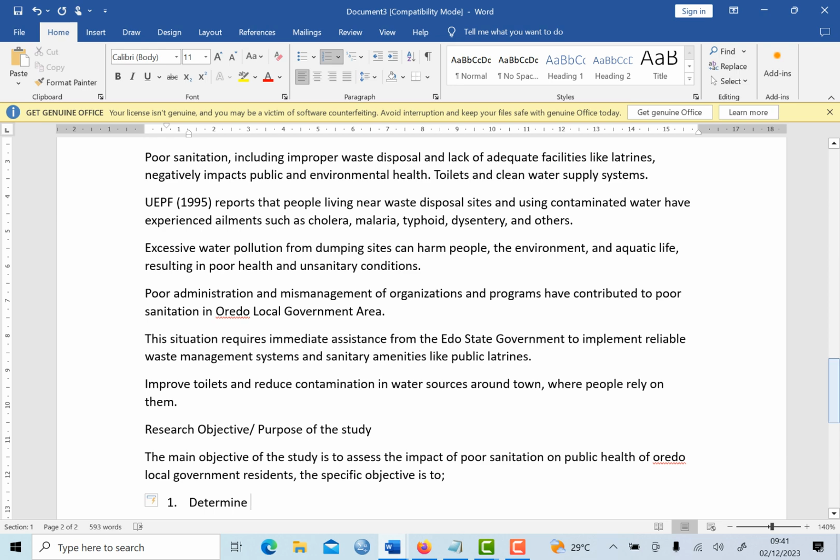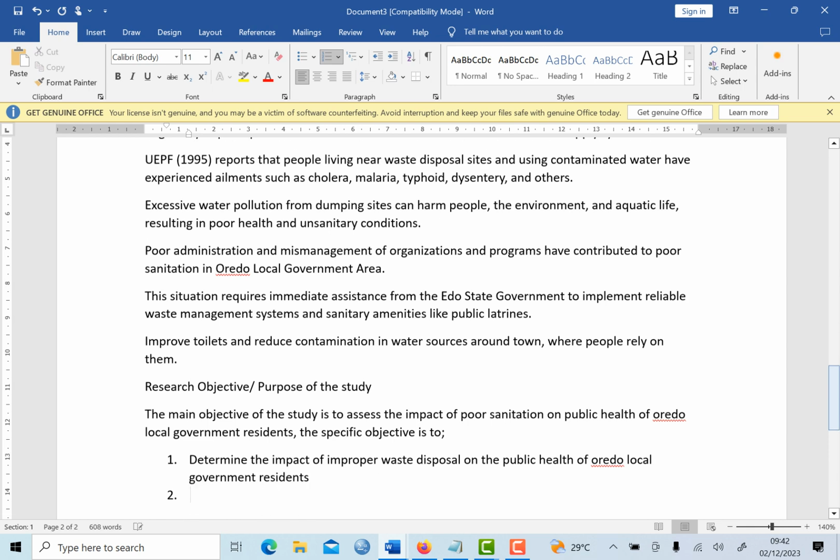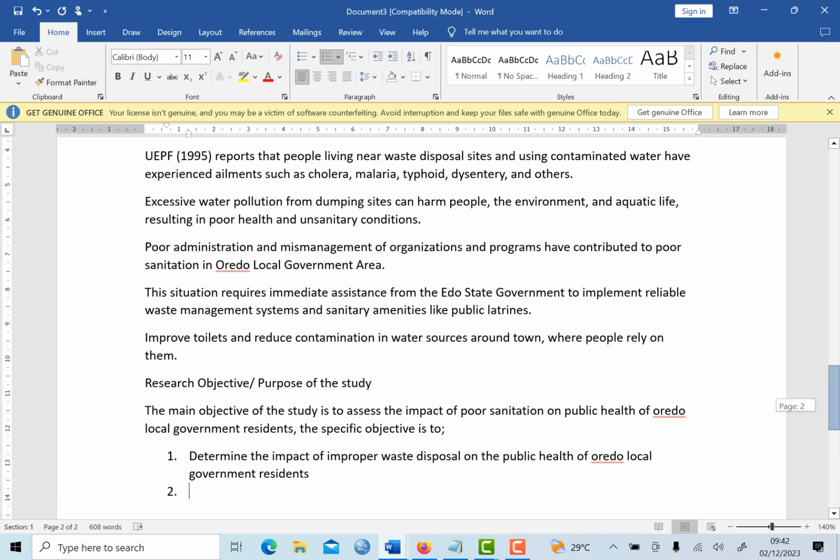You can say something like, determine the impact of improper waste disposal on the public health of Oredo local government residents. This should be one of the specific objectives.